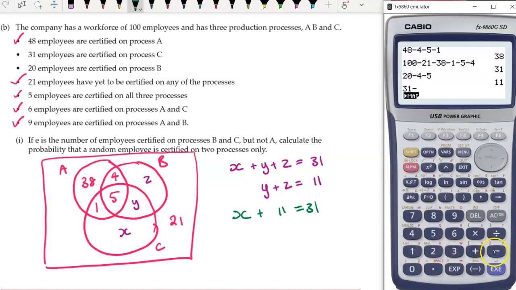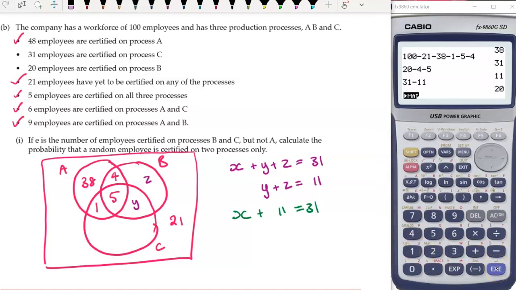So 31 minus 11 gives us that X is 20. So we can pop in 20 in here. In fact, I'll leave the working on there. Let's pop this in as X equals 20.